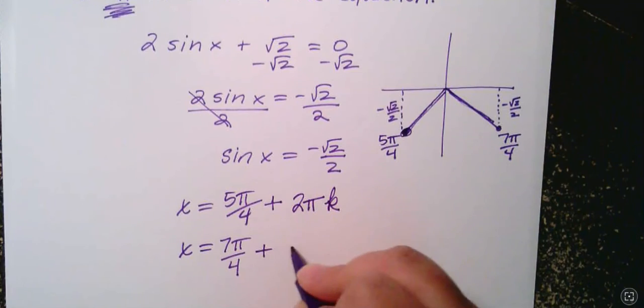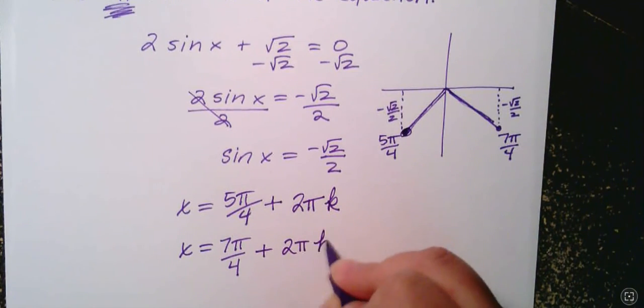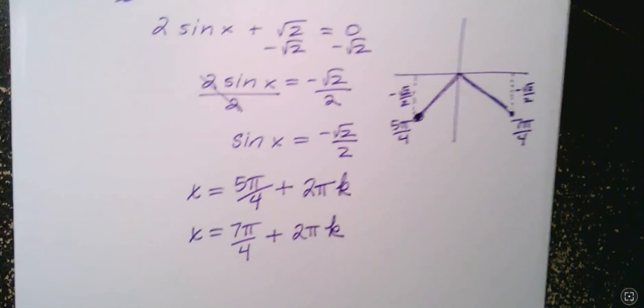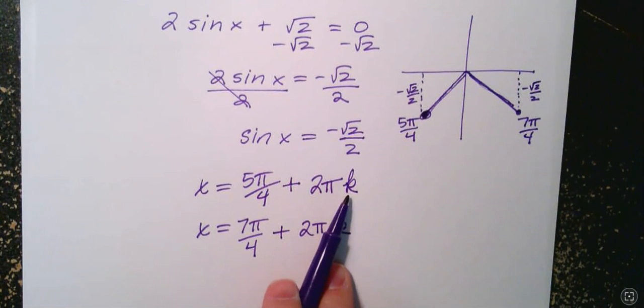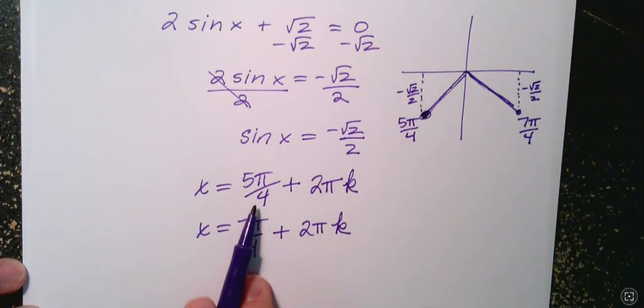That's up to your teacher and your textbook as to whether you're using k or n. But that basically means I can go all the way around the circle as many times as I want. k could be 1 time, 2 times. I could make it go in the negative direction by having k be -3, -2, -1, -7. I will get back to another location that is exactly the same in terms of sine, cosine, and tangent, in terms of all the values, as 5 pi over 4.